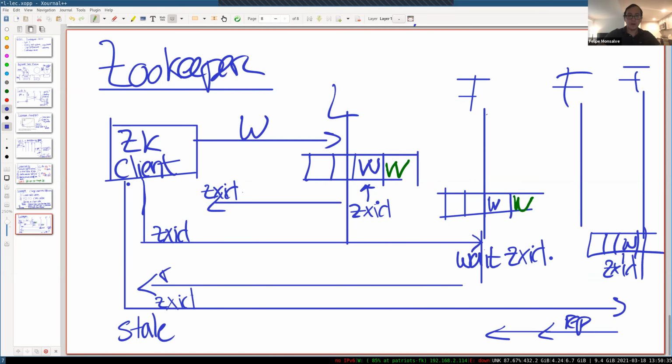Right. The other thing was you said writes always go to the leader. And then the leader responded with the ZXID. Doesn't the leader have to first reach consensus before responding? Yes, I guess so. You just have to commit it, because otherwise it's an uncommitted write.